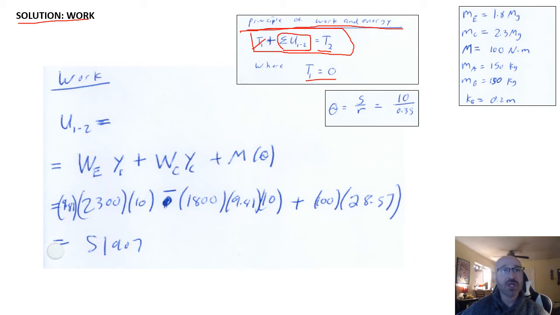Our force is going to be the weight force for our car E and the weight force of our counterweight, and we're also going to have the work from our moment times our theta term. Now we know we have values here. Weight is going to be our mass times acceleration due to gravity. Our distance S is equal to 10, that's the distance it's going to move. So that's 10 there. Same thing for our counterweight here.